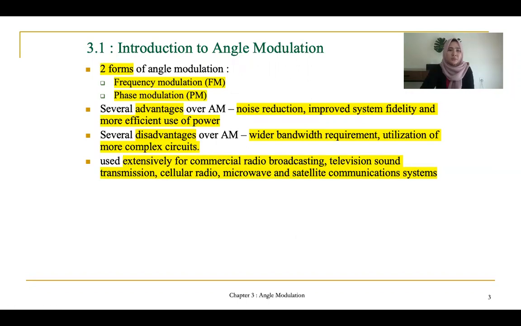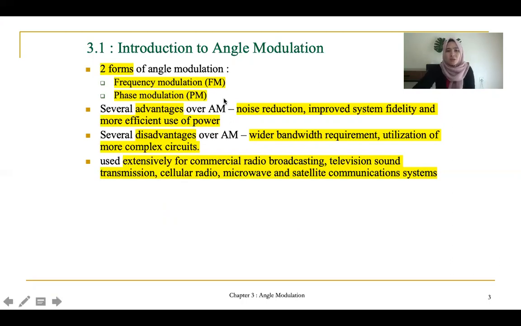Okay, and angle modulation in general is better than amplitude modulation. However, it still has several disadvantages. So the advantage of angle modulation compared to amplitude modulation is that in terms of noise rejection, meaning it has lower noise compared to amplitude modulation.